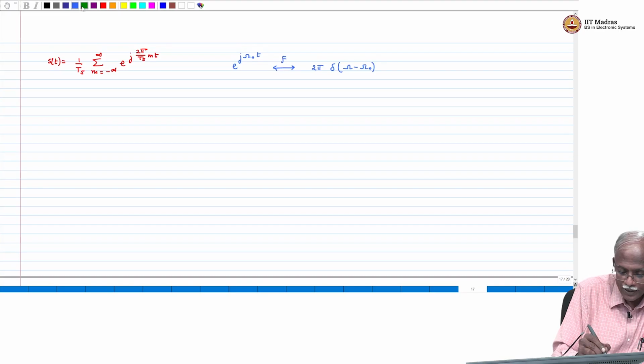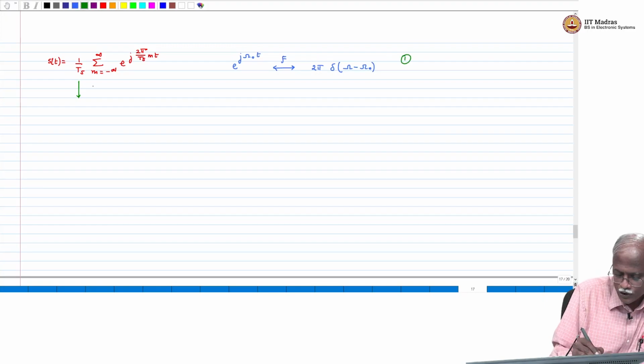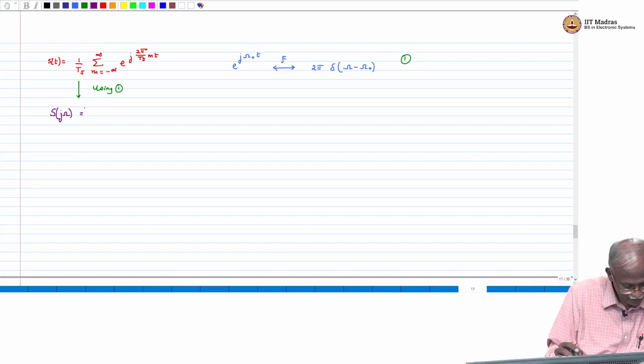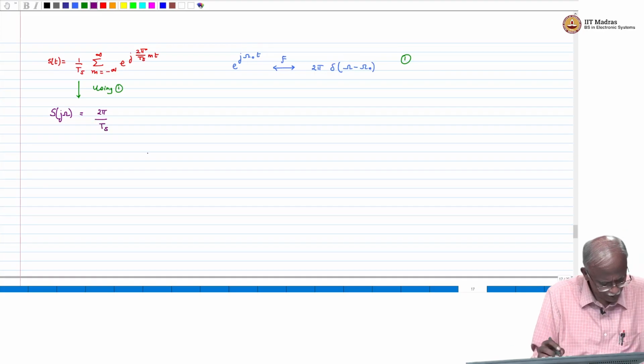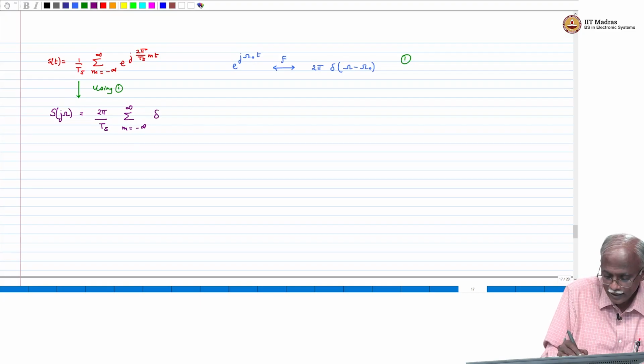Using this result 1, we can say that the Fourier transform of s of t, which is given by S of j omega, can be written in the following form. You get a scale factor of 2 pi from the Fourier transform, 1 over Ts is a scale factor from the signal, and you will then have summation m equal to minus infinity to infinity delta of omega minus m omega naught.